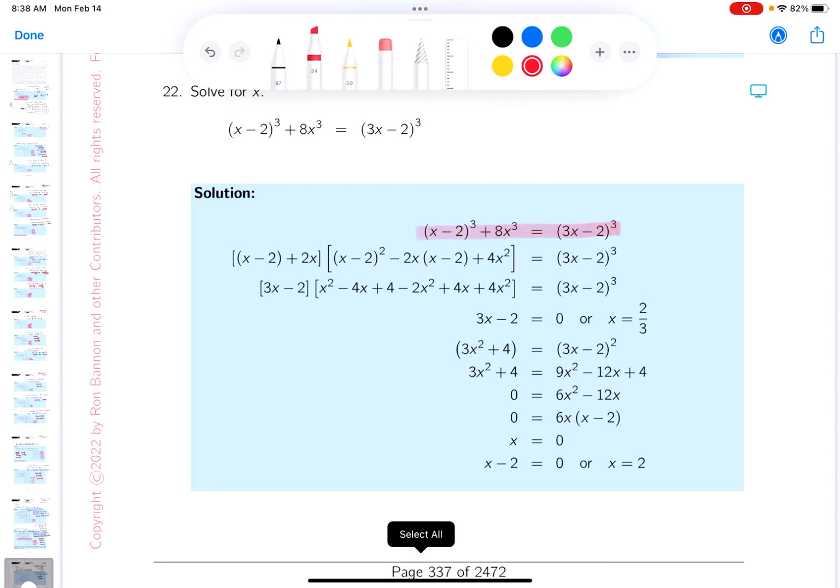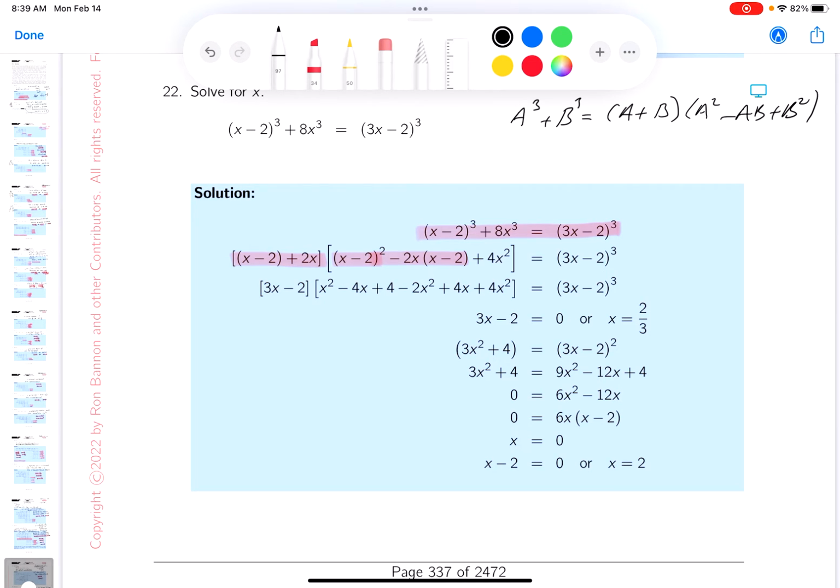It would be x minus 2 plus 2x, and then x minus 2 squared, and then minus 2x times x minus 2. I'm just using the formula. Maybe write the formula I'm using down: a cubed plus b cubed is going to be a plus b times a squared minus ab plus b squared. That's all we're using. All right, let's go back.